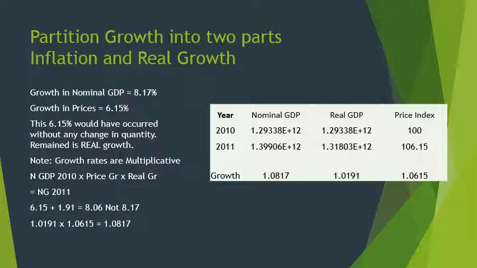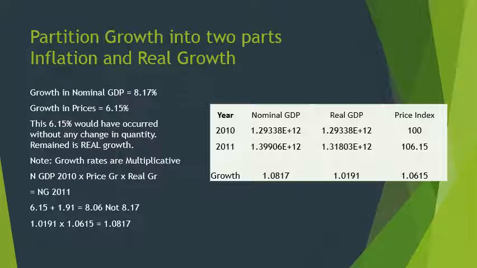So if I look at actual data for Australia, in 2011 we have nominal GDP and we have 2010. If I look at the growth rate, just the ratio of these two numbers is 1.0817, and this ratio means that the growth rate is 8.17%. So that's one calculation. Then we look at the price index.